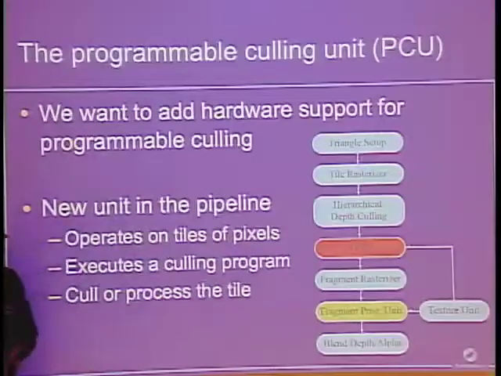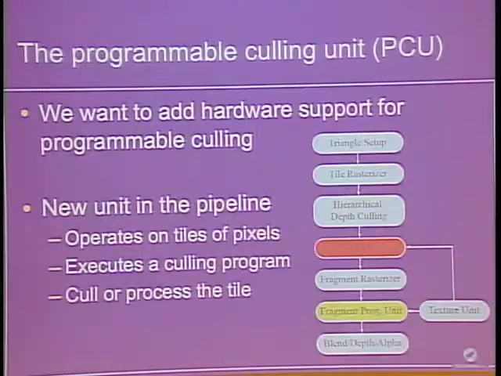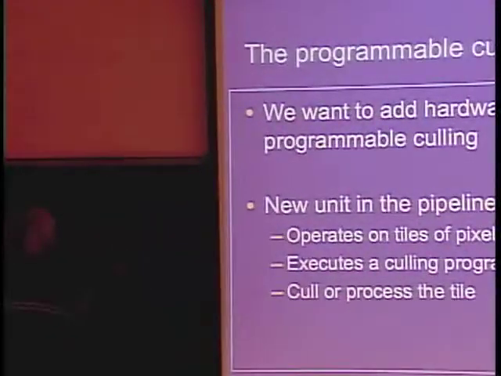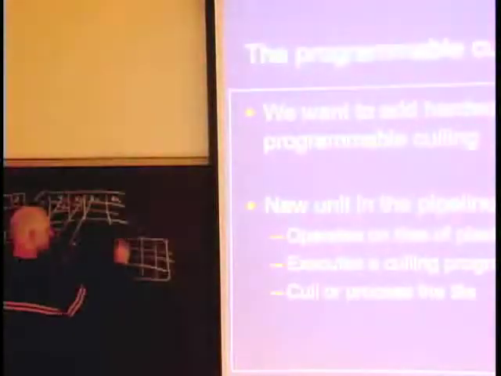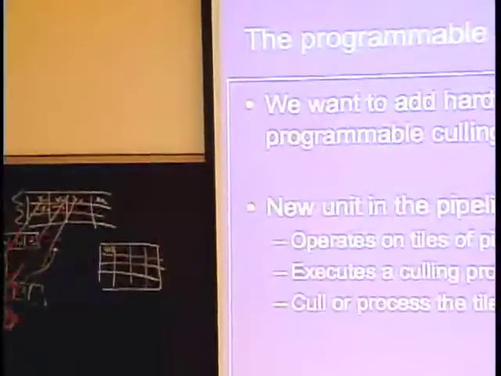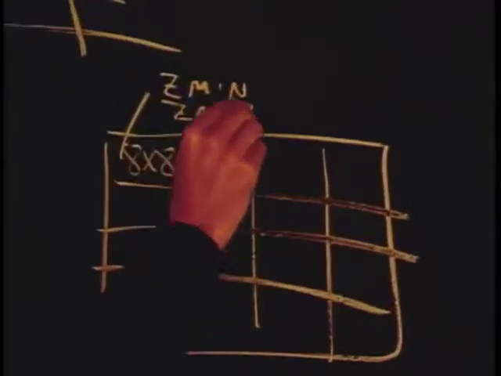Let me recap this hierarchical depth cull. If you remember the way this worked, we take our screen and divide it into tiles, and maybe this tile is an 8x8 tile. Associated with every tile is an on-chip Z-min value and Z-max value.